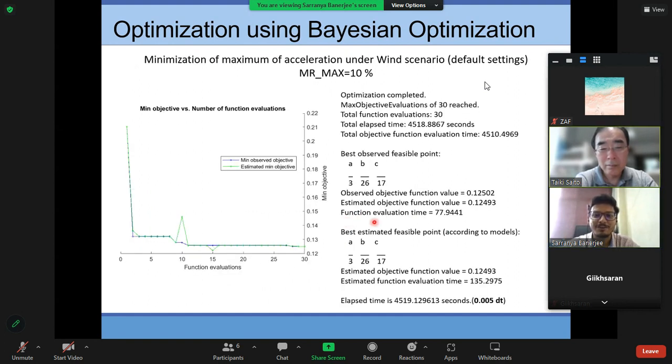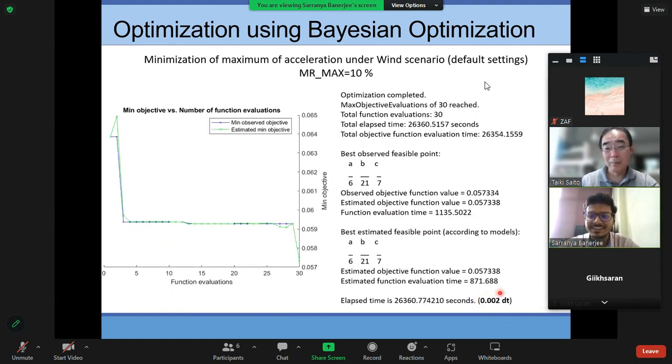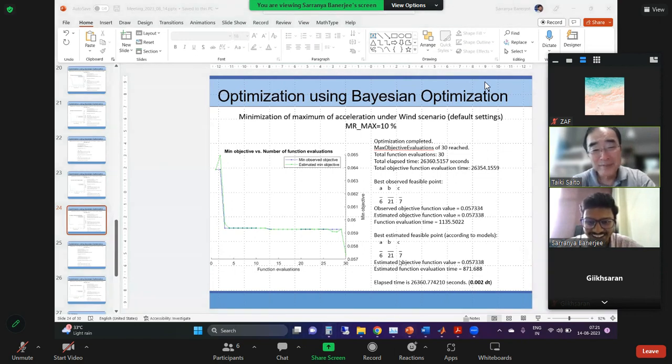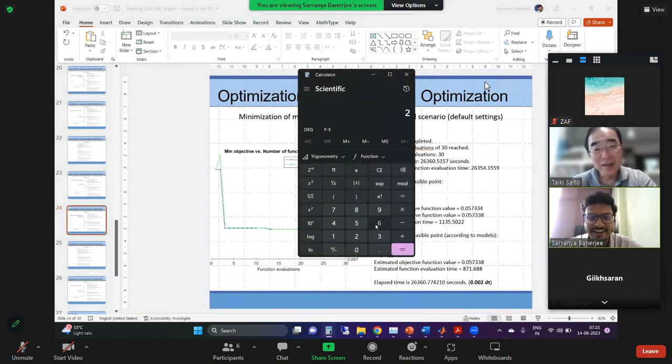But for wind, with a time step of say 0.005 seconds, the time required is almost 1.5 hours. But this is also not a converged result, as I see from the time history. The converged result is obtained at a 0.002 seconds time step, and this actually takes 26,000 seconds. I think maybe close to 8 hours or something.